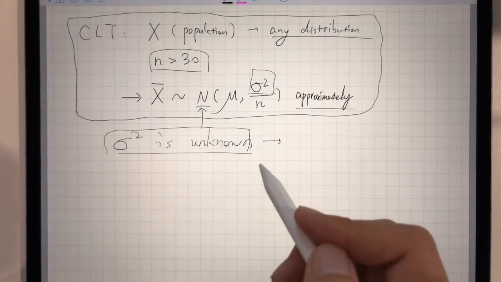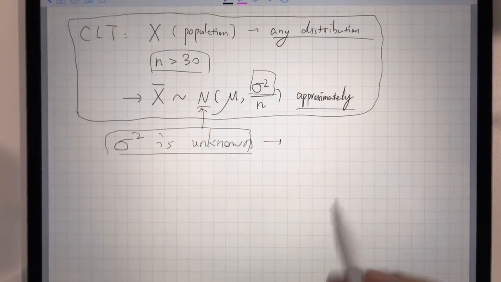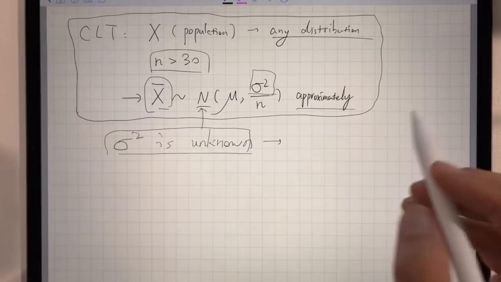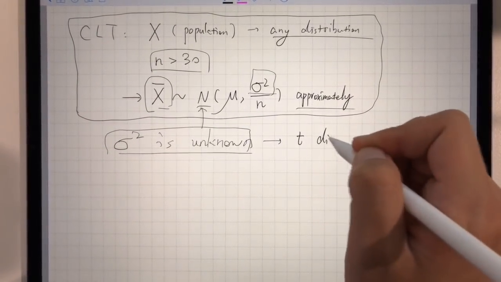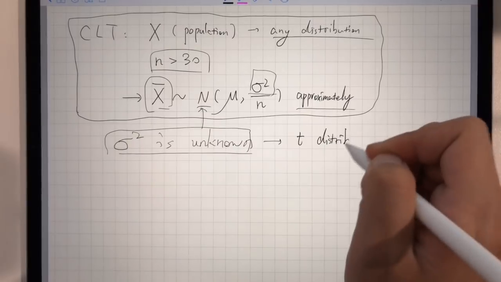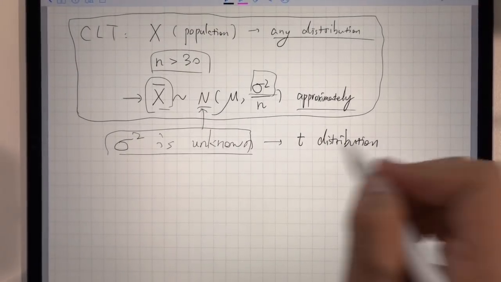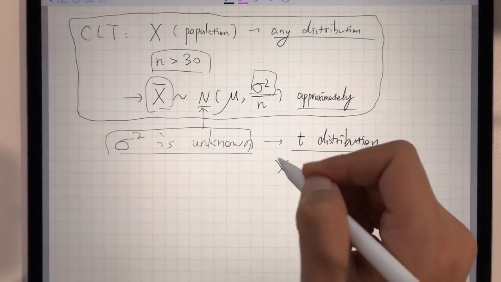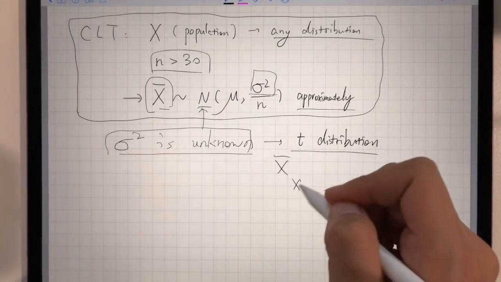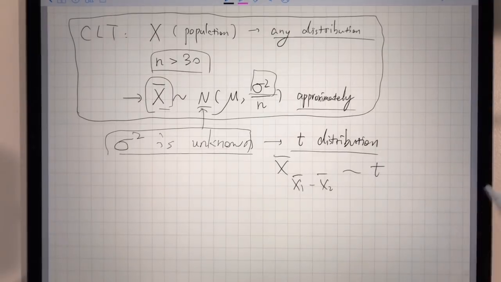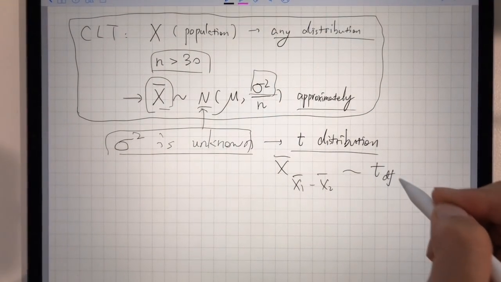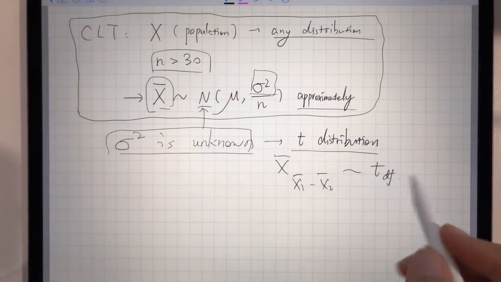Do you remember? Every time when sigma is unknown, which distribution do we assume then for x bar? Great, t distribution, right? So in here, if sigma is unknown, whether it's x bar or x1 bar minus x2 bar, we all assume them follows t distribution with some degrees of freedom, right?